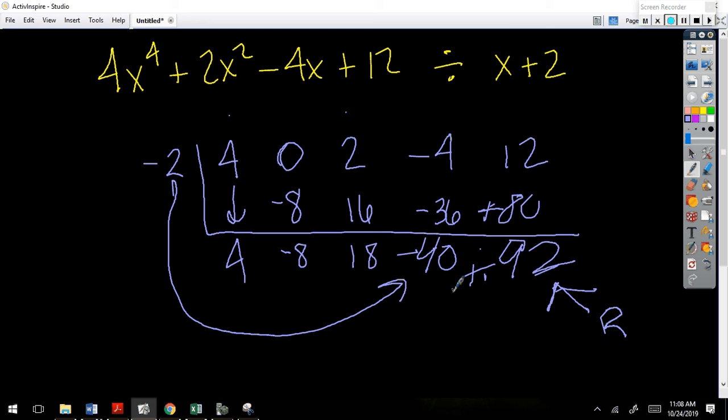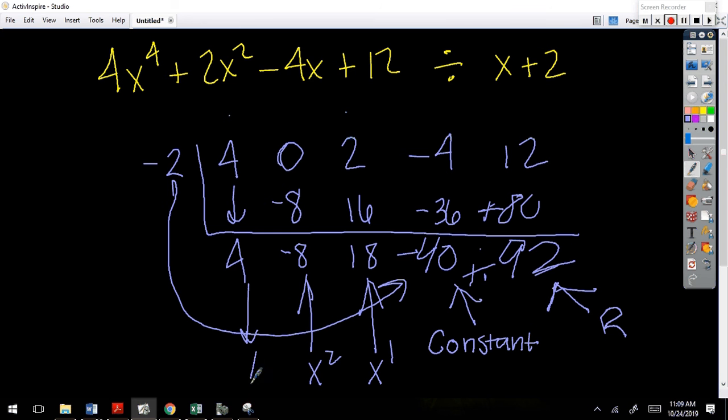And then this is the constant. Wait, since the 0 was the placeholder for x cubed, shouldn't that be x cubed? No, because the first one always cancels.